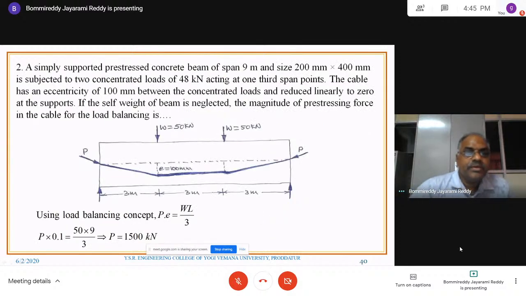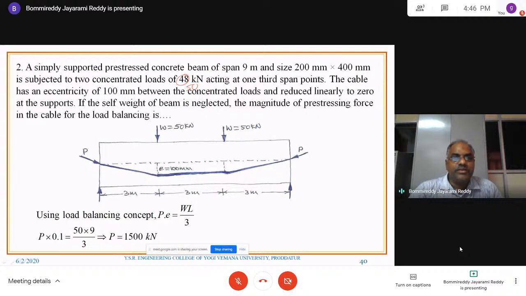Next question. A simply supported pre-stressed concrete beam, 9 meters, of size 200 by 400 mm, is subjected to two concentrated loads of 50 kilonewtons acting at 1/3 points.